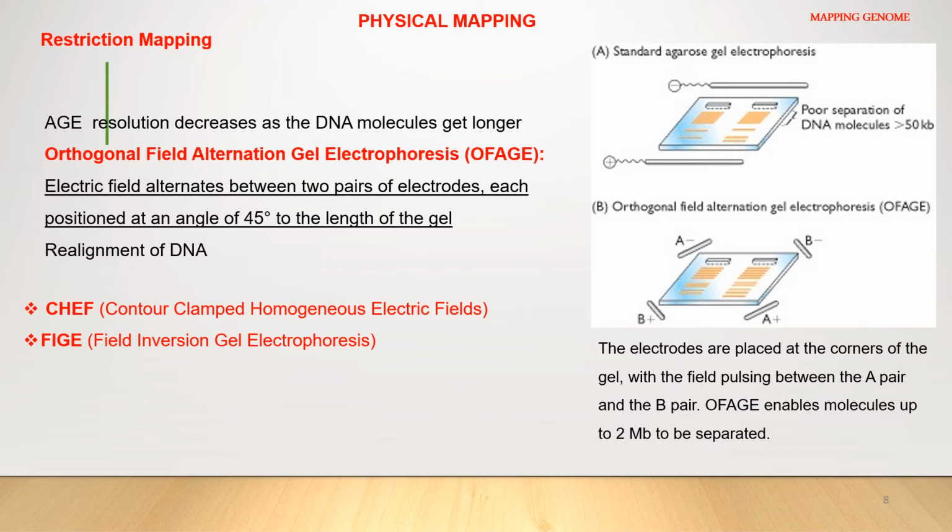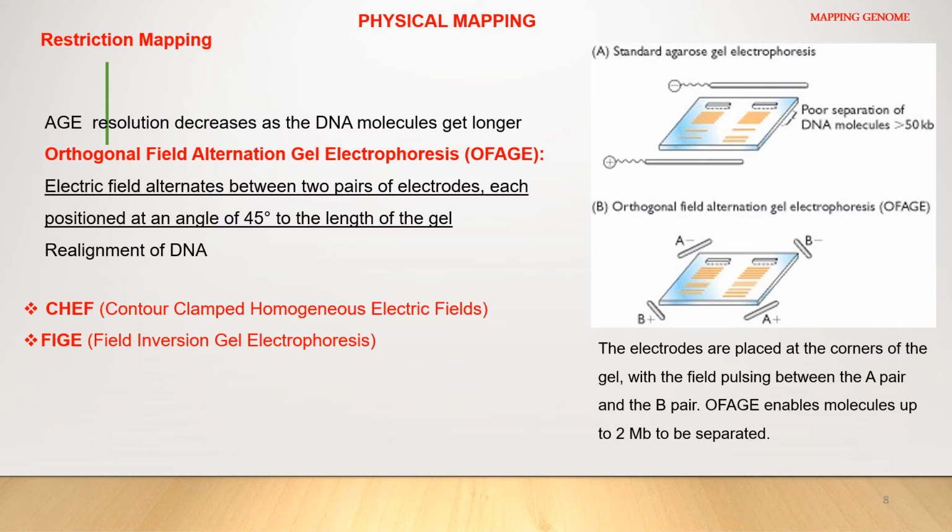This is overcome by using orthogonal field alternation gel electrophoresis. In this method, the electric field alternates between two pairs of electrodes, as seen in figures A and B, each positioned at 45° to the length of the gel.